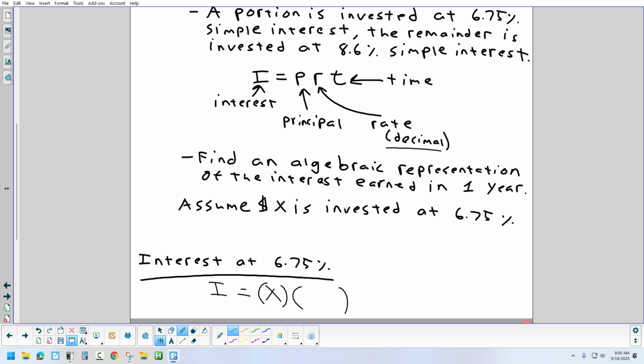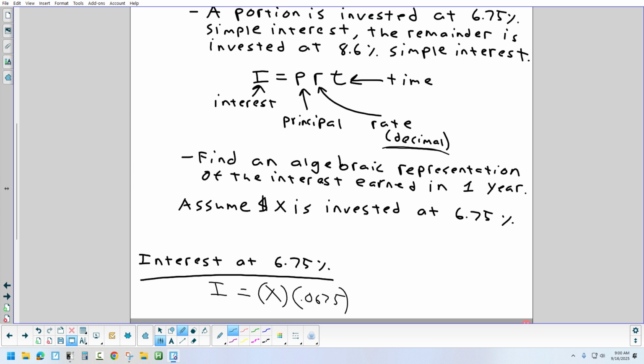What's the rate? 6.75%. Yep, it is 6.75%, but we need to convert the percent to a decimal. 0.0675. Good. So there's our rate.